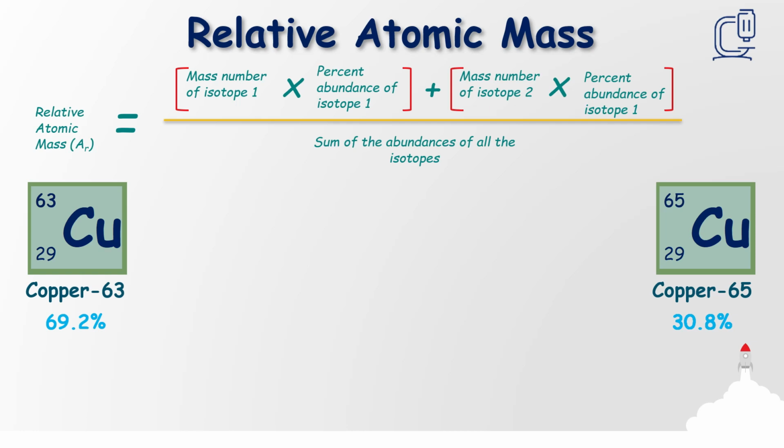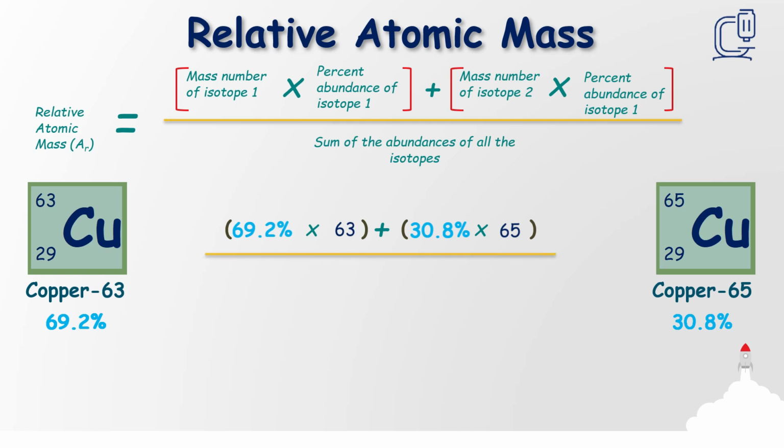If we take copper 63 to be isotope 1, in the formula we multiply its abundance of 69.2 with its mass number of 63, and then we do the same for copper 65. So we multiply its abundance of 30.8 with its mass number of 65, and then we sum these together. Finally, we divide this by the sum of the abundances of the isotopes, which would be 69.2 plus 30.8.